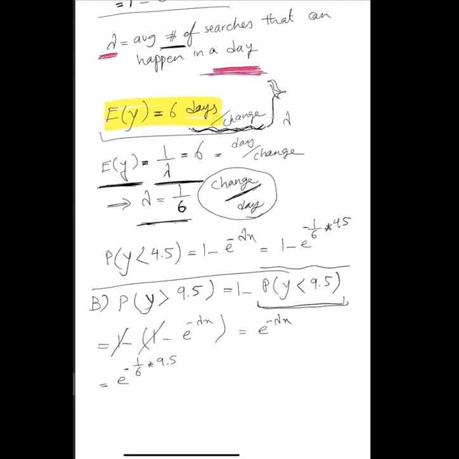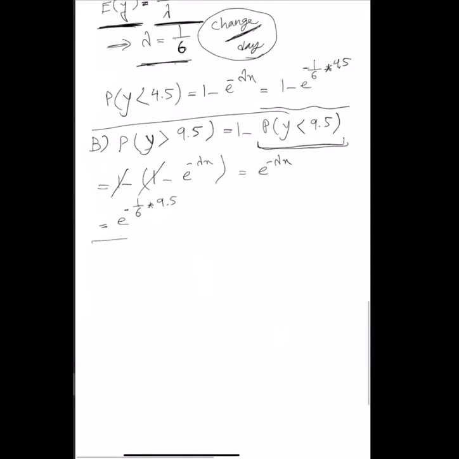Part C: what is the time of the next change that is exceeded with the probability of 90%?